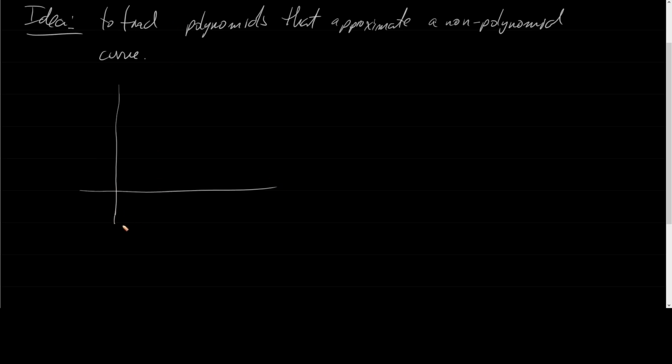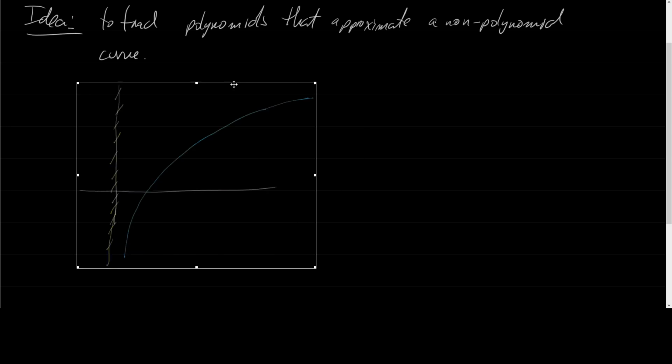Something like this, where we have this asymptote here. Now this is clearly not a polynomial function because polynomial functions are defined for all real numbers, so this is not polynomial. But what we can do here is try to approximate this curve.